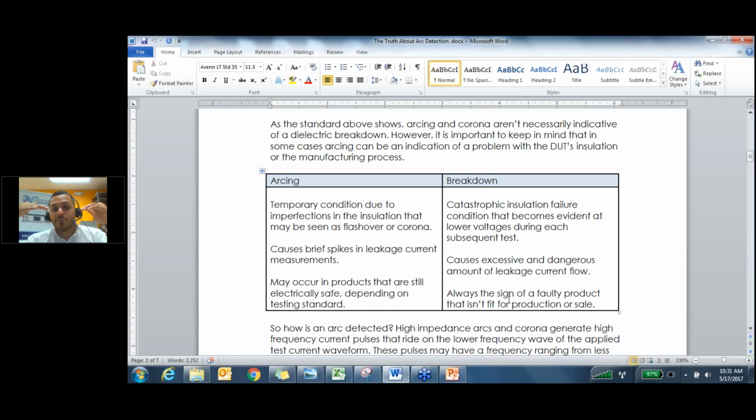If I'm at level 1, well, guess what? I'm going to allow arcing to occur until, let's say, 20 milliamps. Okay, so now you can identify, I know I'm getting arcing, but what level of arcing am I getting?